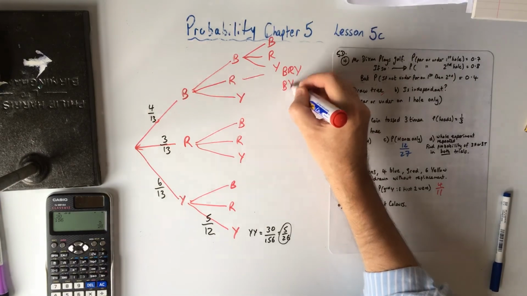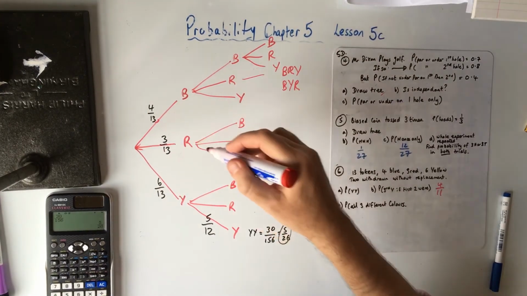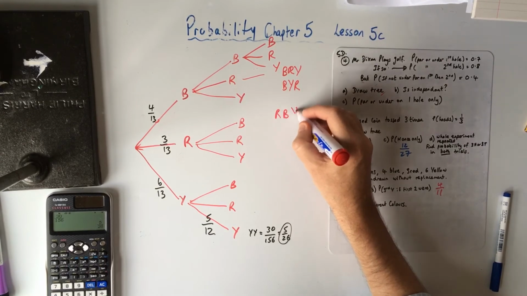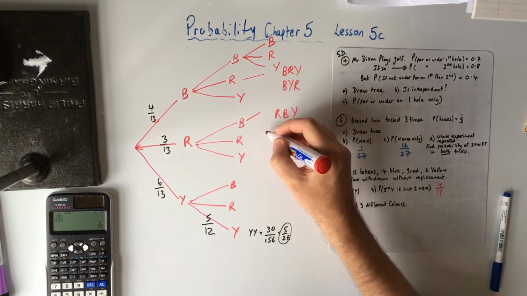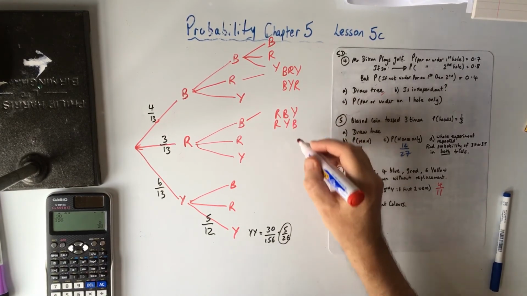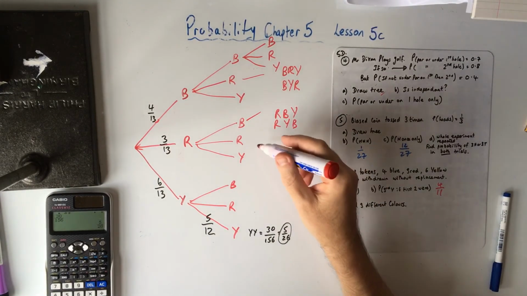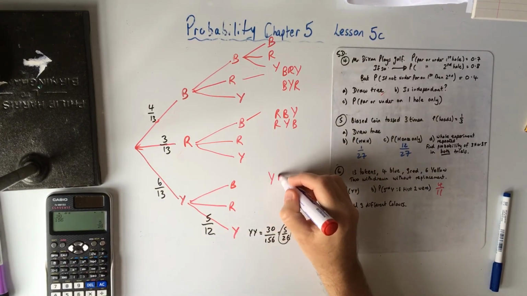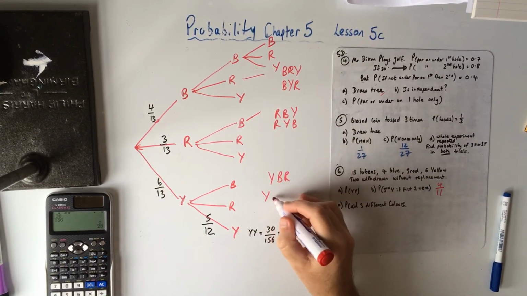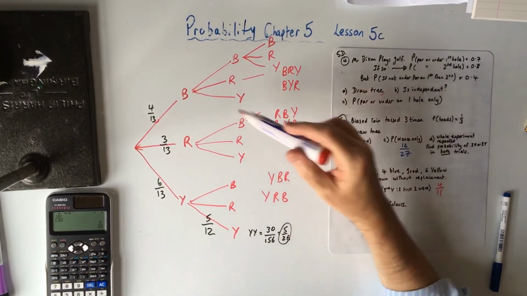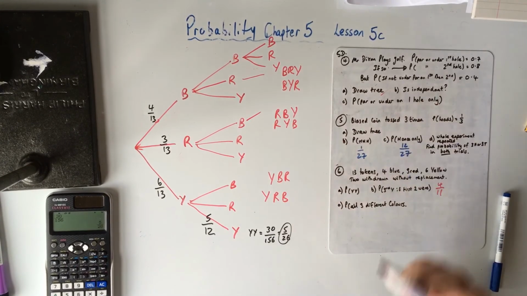Blue, yellow, red. You've got to then work out red, blue, and then moving on to yellow down here. Red, yellow, blue. And then you've got to go yellow, blue, red, and yellow, red, blue. So you've got to work out all 6 of those, okay?